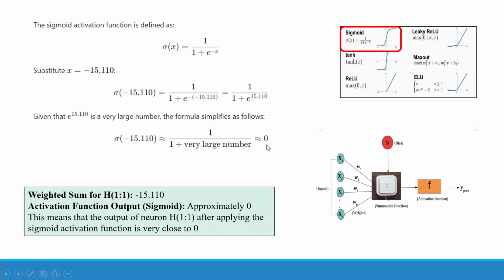So the weighted sum for H1:1 is minus 15.110. Activation function output using the sigmoid is approximately 0. This means that the output of neuron H1:1 after applying the sigmoid activation function is very close to 0.